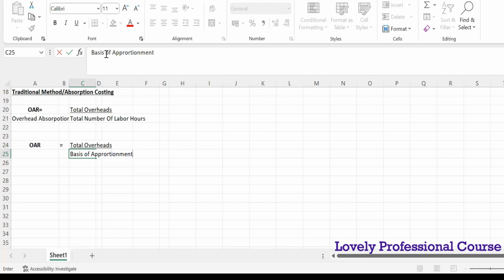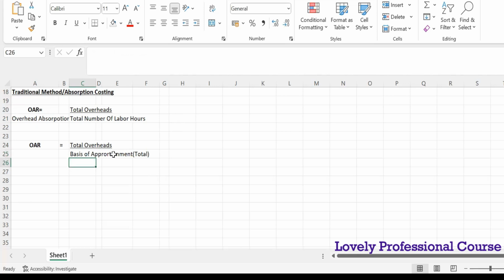Your basis of apportionment must be labor hours. But if the examiner says use a different basis of apportionment, you have to use it, and it should be in total. So we have to use what the examiner tells us. If not, generally it is an implied thing: you have to assume labor hours if you are able to find them.